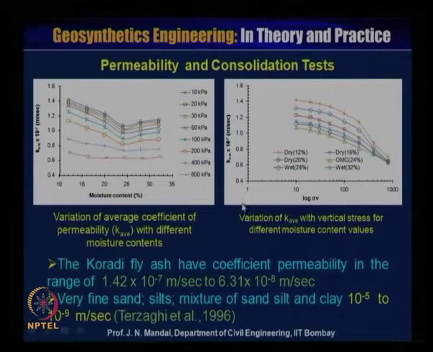Here, this figure shows the variation of coefficient of permeability with the vertical stress for different moisture content. Here the dry side moisture contents are 12%, 16% and 20%, OMC is 24%, the wet side is 28% and 32%.